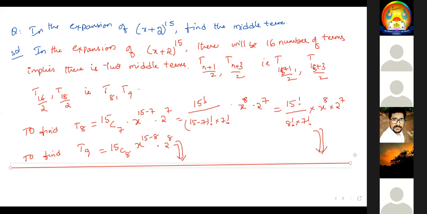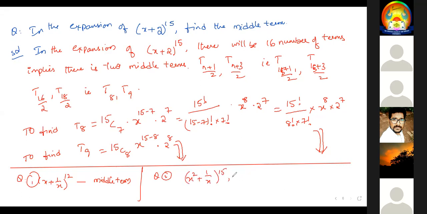Now the question is, I'm writing certain questions. Please try to do it. Question number 1: x plus 1 by x whole power 12. I want the middle term. Question number 2: x square plus 1 by x whole power 15.